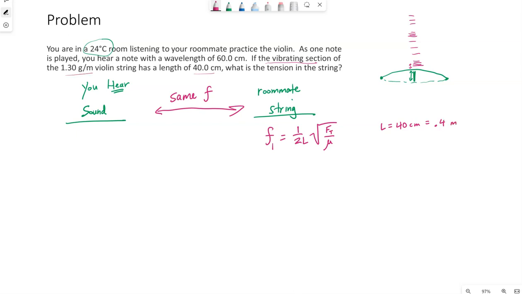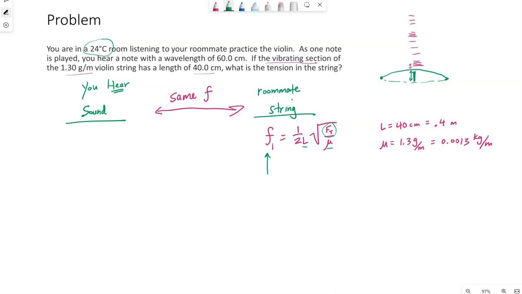They've also given us the linear mass density of this string, the 1.3 grams per meter, which we will want in kilograms per meter. We want the force of tension. This is what we want to find. We have L, we have mu. We're going to need to figure out the frequency before we can solve for the tension.